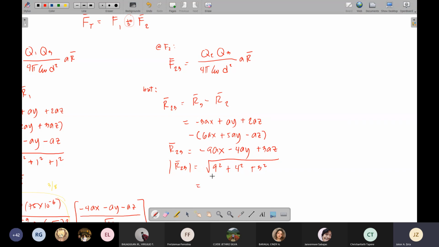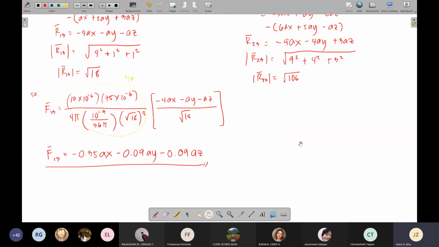Again, pwede rin mo i-ignore ang negative, kay ang square sa negative, positive man lang gihapon. So 9 squared plus 4 squared plus 3 squared is, okay, square root of 106. Right? So this is the magnitude for vector 2, 3, square root of 106.